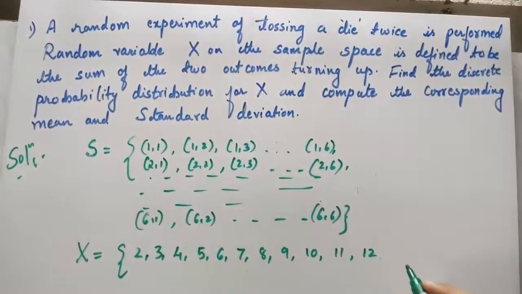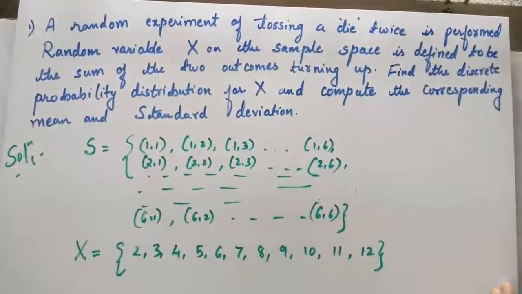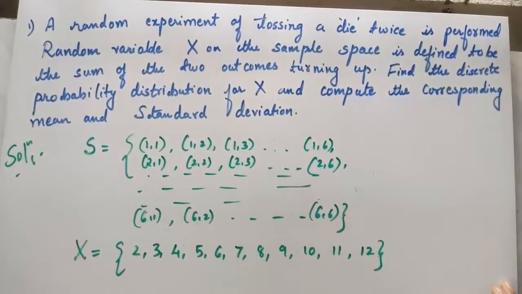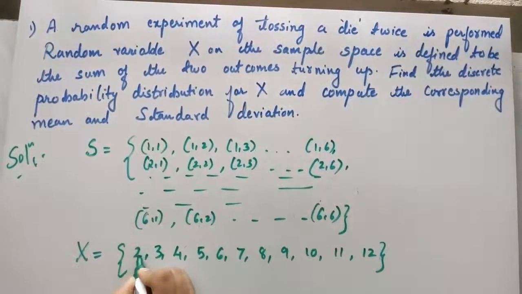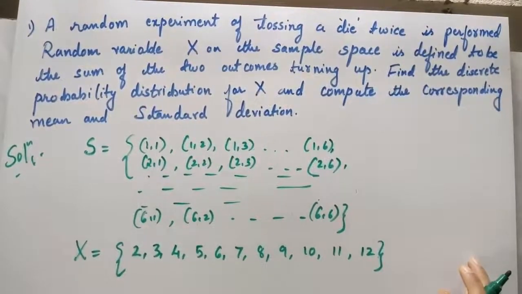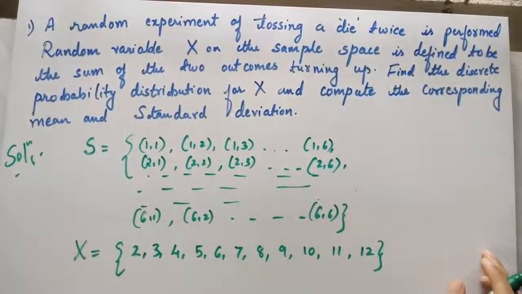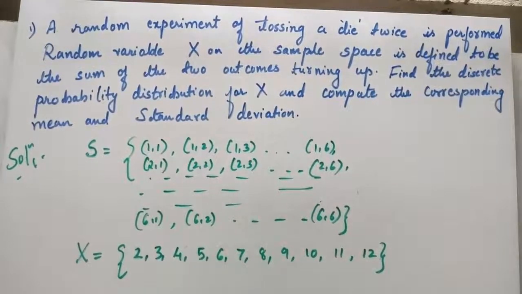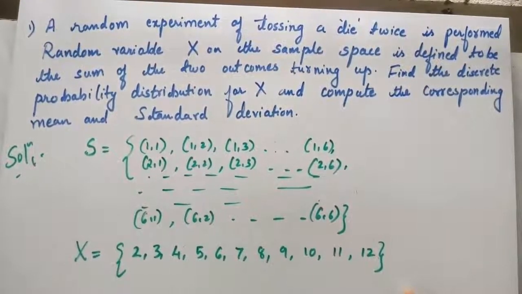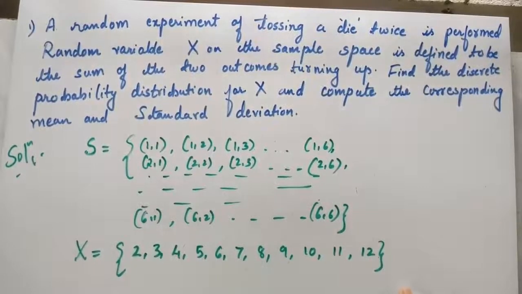After 12, you do not have any other value for your random variable. Why? Because the highest numbers that can turn up are 6 and 6, not more than that. Now, these are the values for the random variable X.